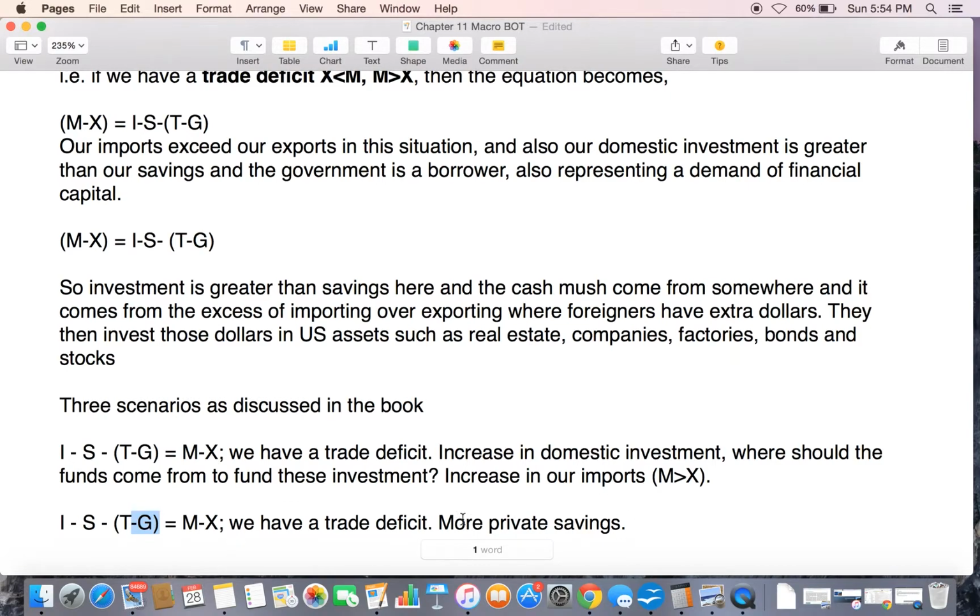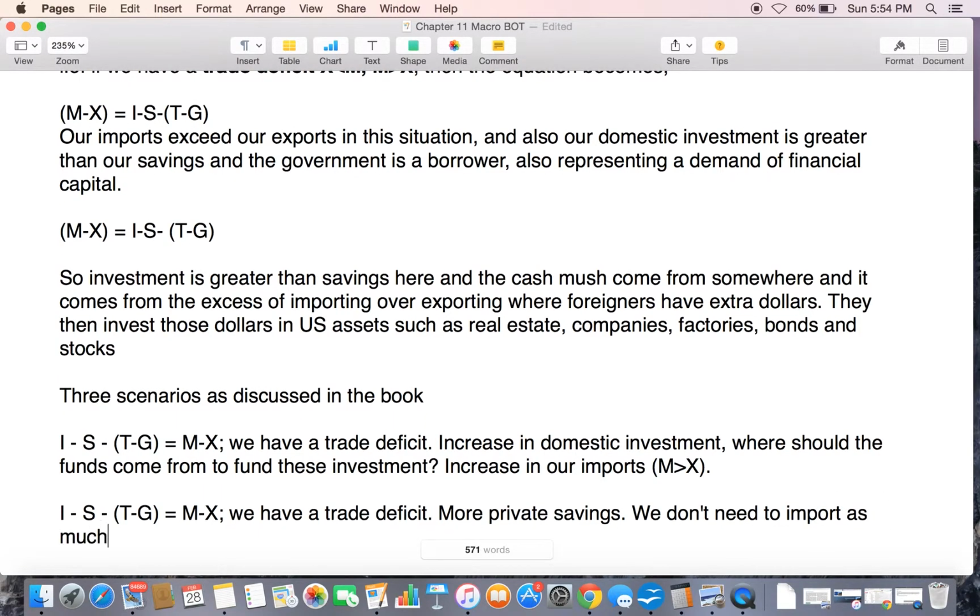If we have more private savings, we don't need to do as much importing. A better way to say this is that as domestic savings rises, there would be less need for foreign financial capital. So a policy proposal can often be made for reducing the U.S. trade deficit by increasing private savings.